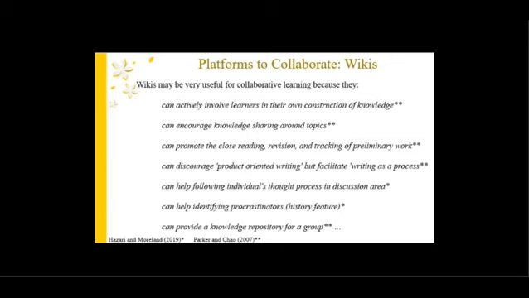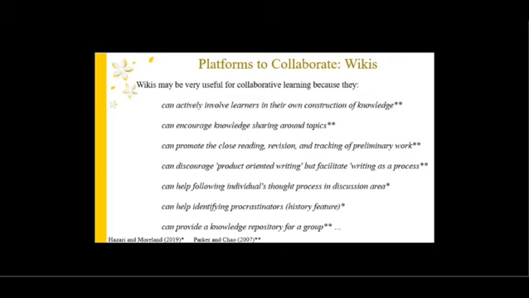Constructivism is the driving force behind collaborative learning. So students can actively be involved in their own construction process and share their knowledge with others. They can learn from others as well, and they may be more engaged than with product-oriented writing.